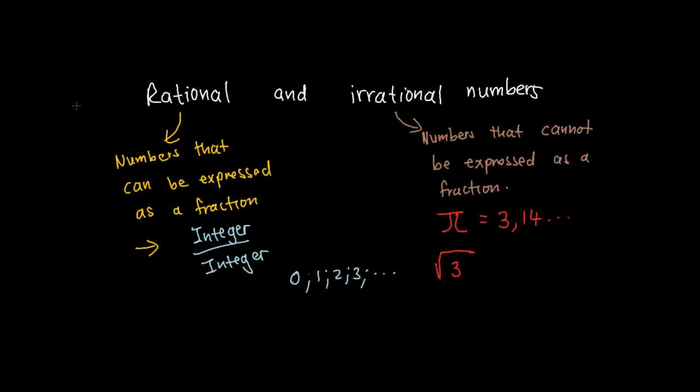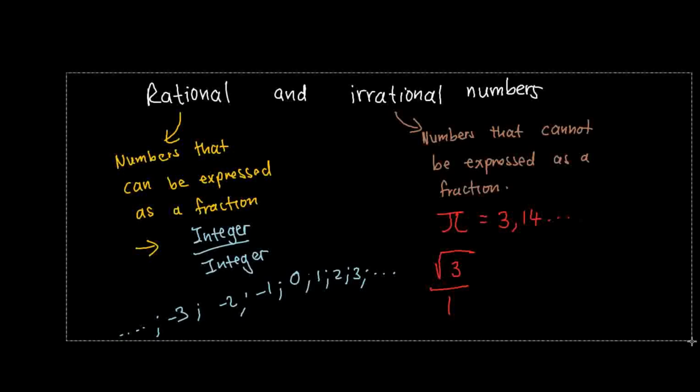It does not include any decimals or fractions, and it includes your negative numbers as well, all the way to negative infinity. Again, no fractions or decimals, so for example negative 2.5 cannot be an integer. So since the square root of 3 is not an integer, the square root of 3 over 1 is also not an integer. I thought that was worth mentioning for revision as well.